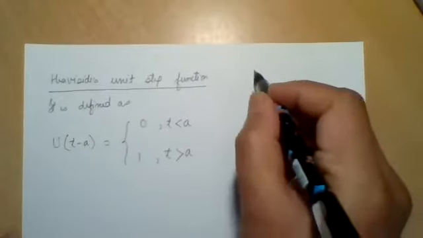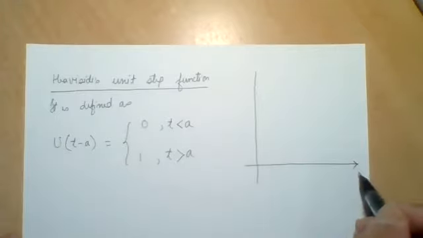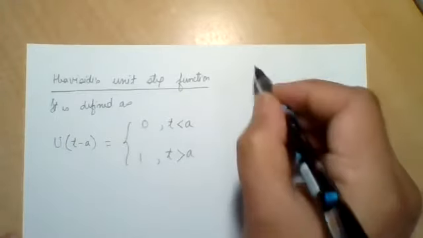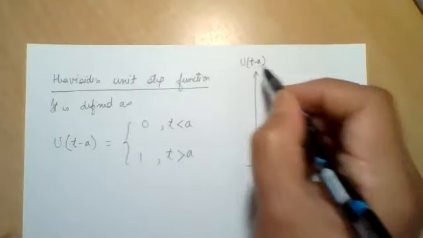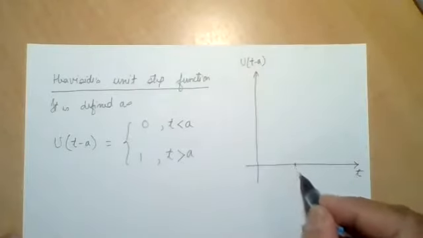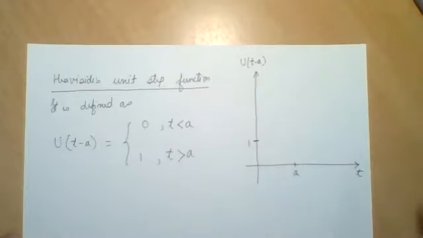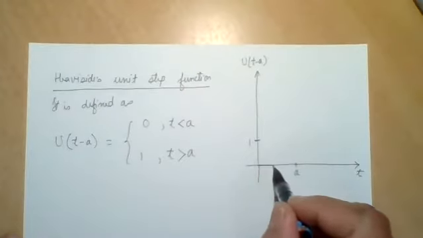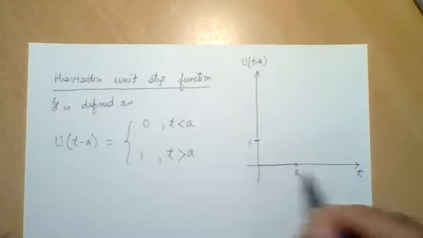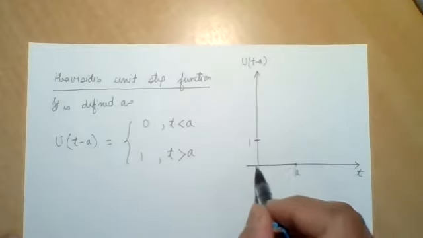So the graph would be something like this. This is t along the x-axis, and along the y-axis we have u of t minus a. A is some point on the x-axis, and here we have 1 unit on the y-axis. So for all values of t less than a, the function is 0.